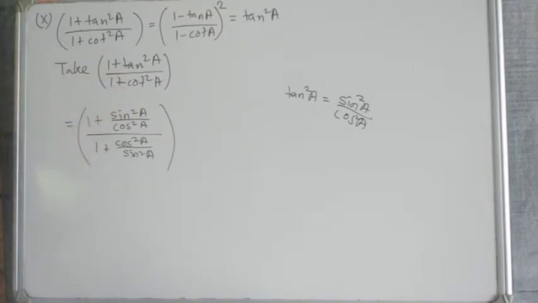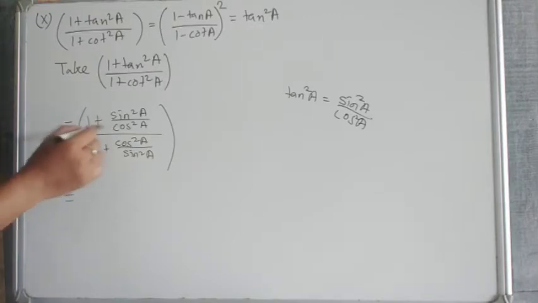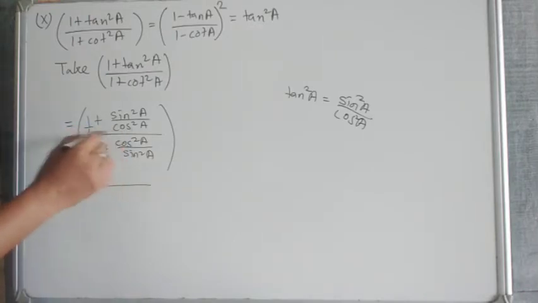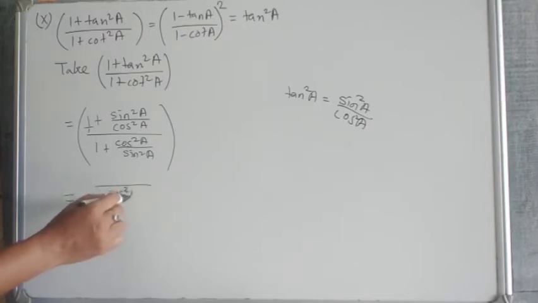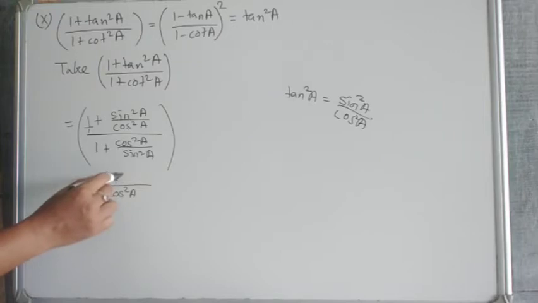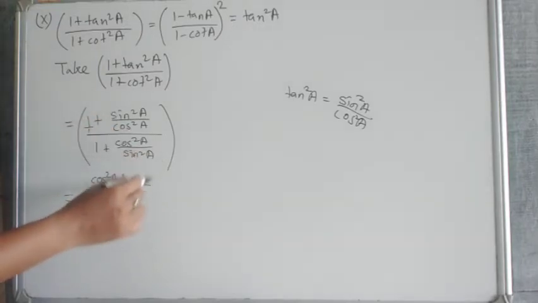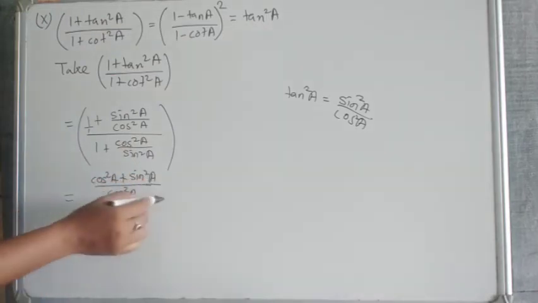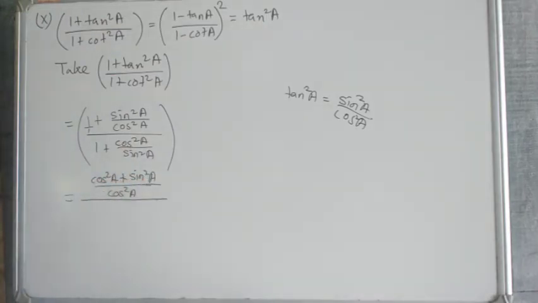Now here also we take the LCM. There is nothing, which means 1 is there. So cos square A into 1 is cos square A, plus sin square A, whole by. Is there any doubt with the LCM?